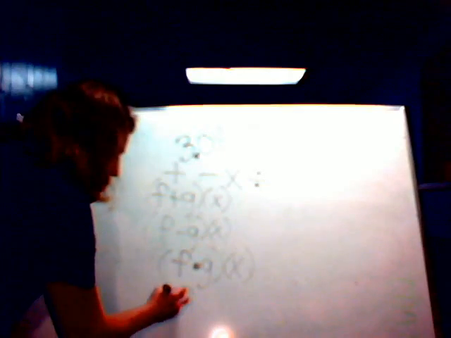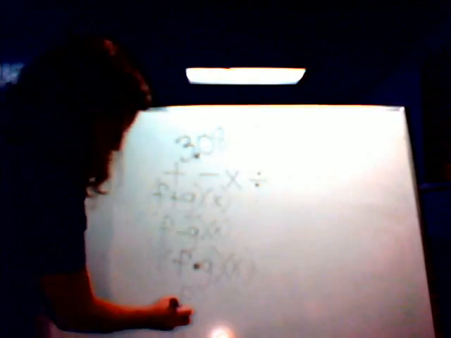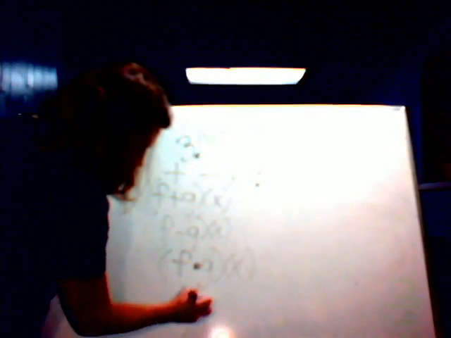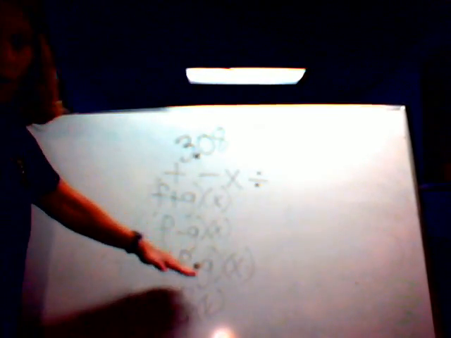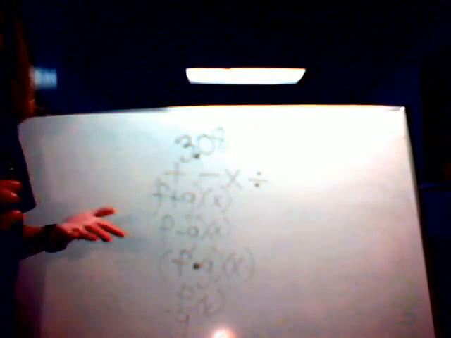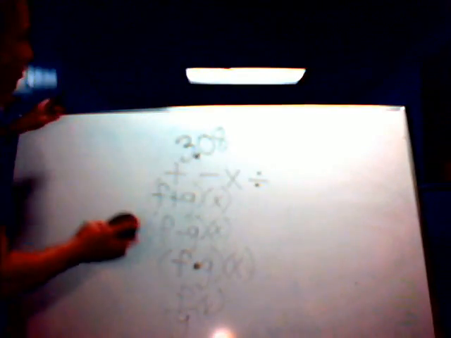The final one is division, where you'll see (f over g) of x. Notice all these operations are in parentheses, and that's how you can distinguish them. So those are the four function operations. Now let's look at how to apply them to actual problems.